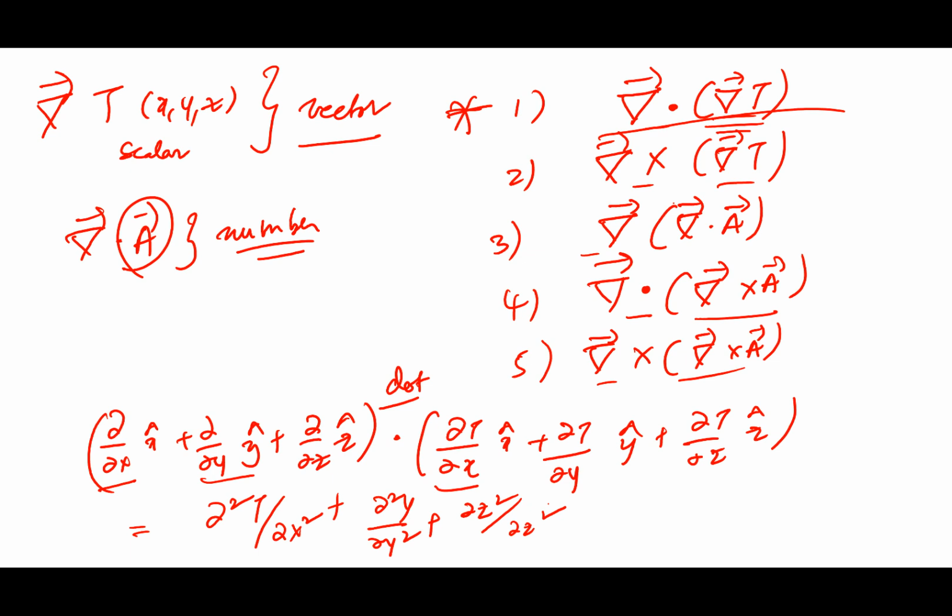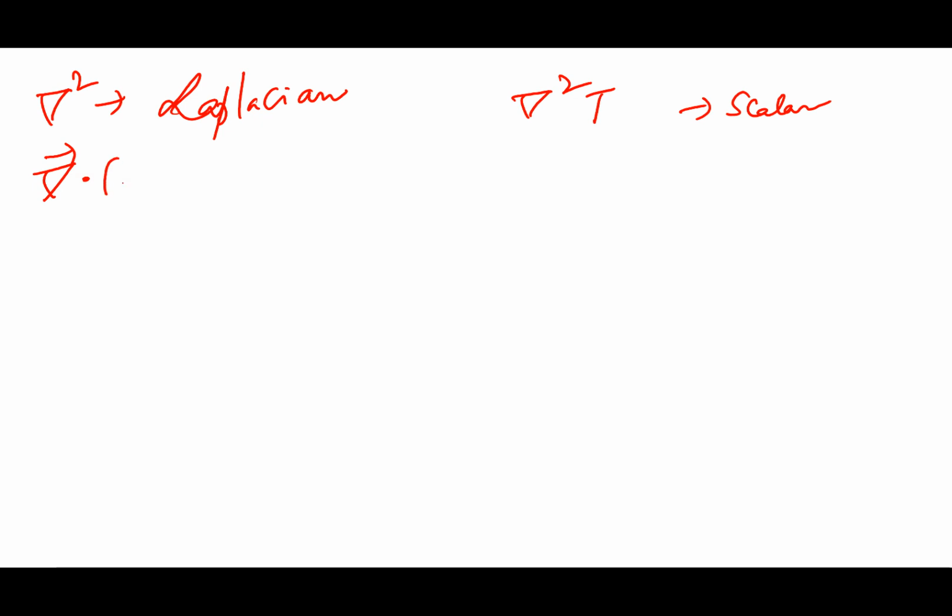So instead of writing it like this, we can call this del square T, and this del square is called the Laplacian. So the Laplacian of a scalar, if I take del square of T, I get back a scalar. Why? Because what is the Laplacian? You're taking the divergence of the gradient.